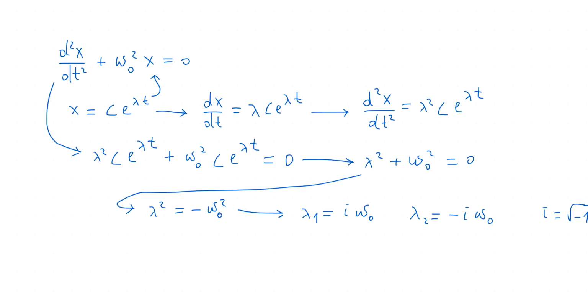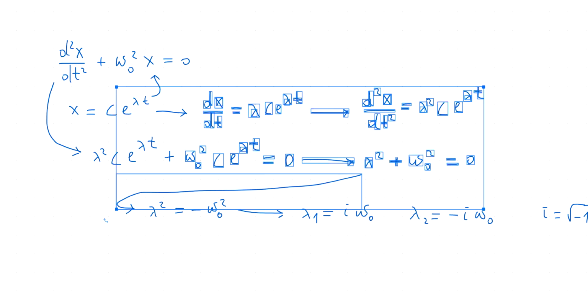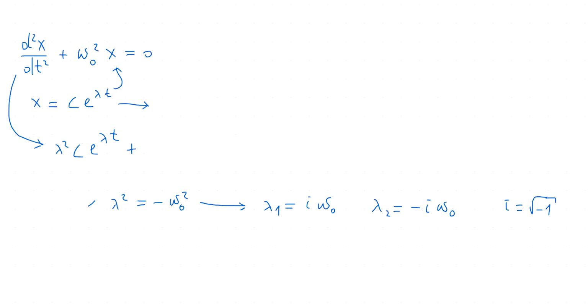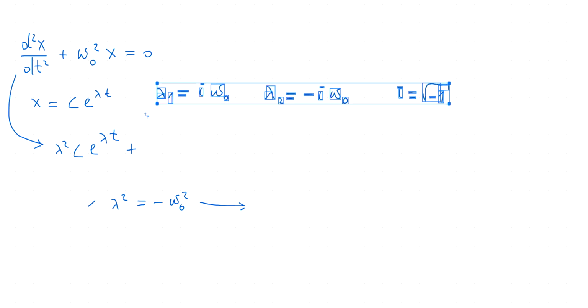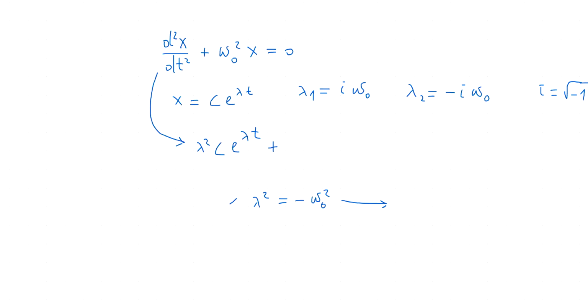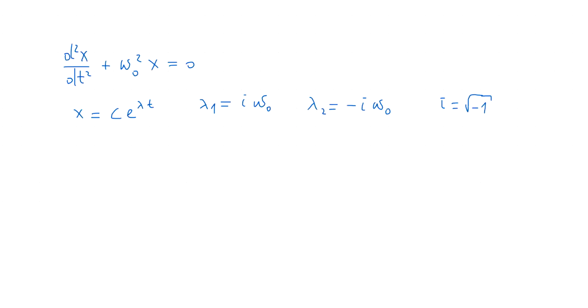What we obtained is that if this is a solution, this value lambda should be equal to this or this. So we have two possible solutions.